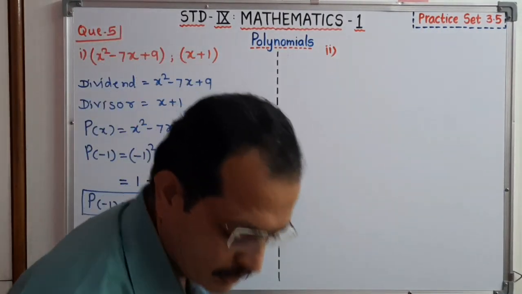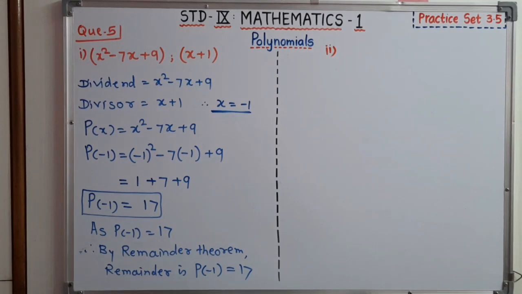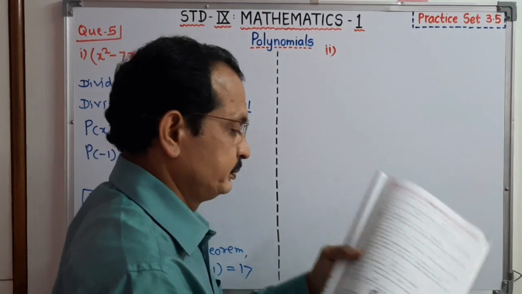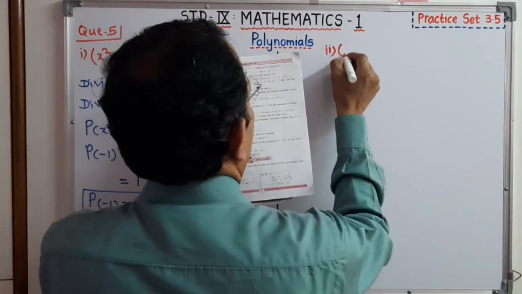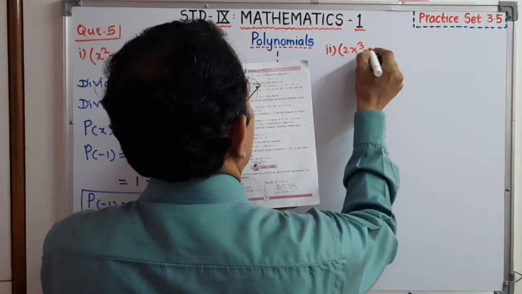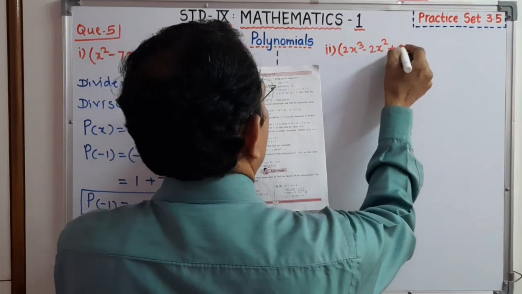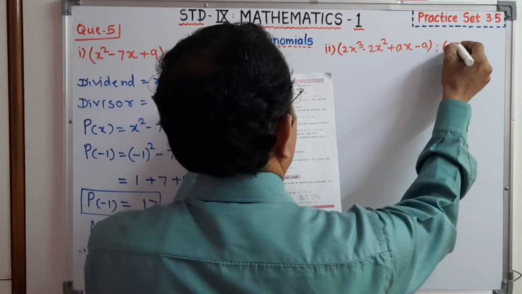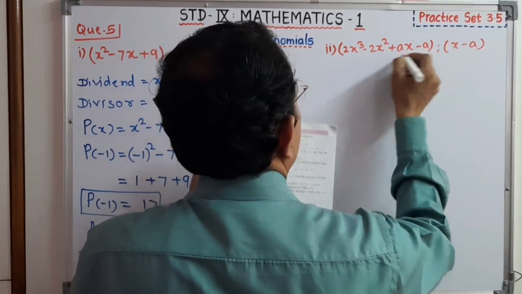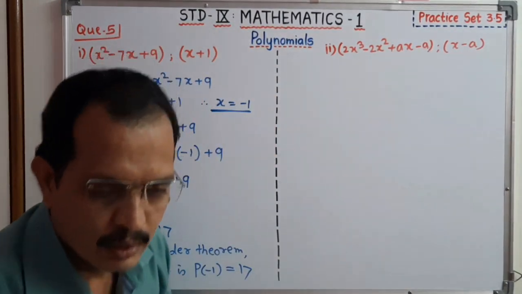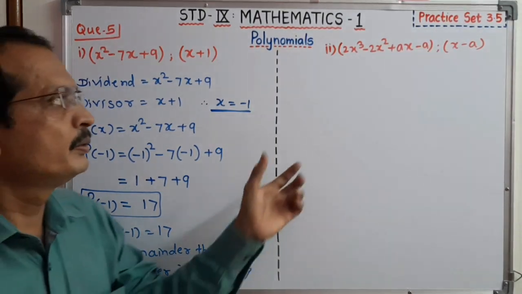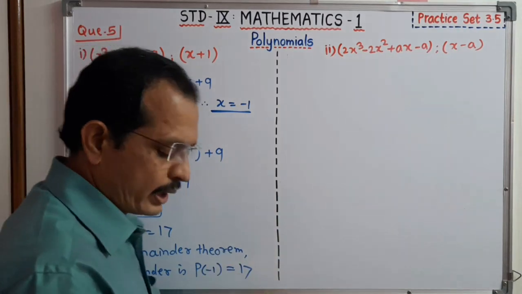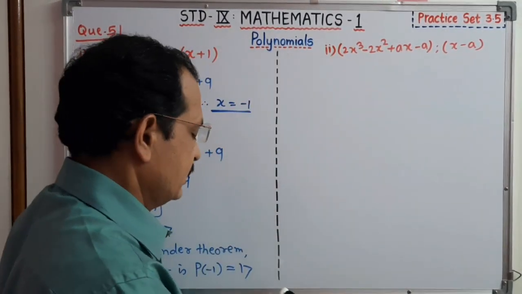In that, the first polynomial given is 2x cube minus 2x square plus ax minus a, and the second polynomial is x minus a. Dear student, we have to find the remainder by the remainder theorem. First of all, we have to write what the dividend is.